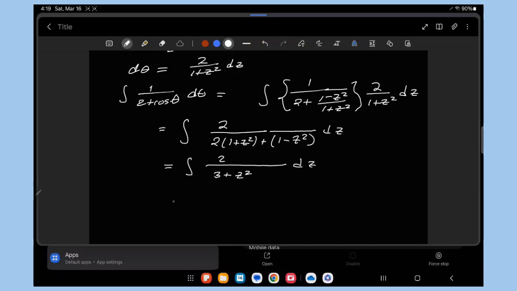Let's remember that the integral of 1 over 1 plus u squared du is equal to the inverse tangent of u plus a constant. We can use this formula to evaluate the integral that we are facing.